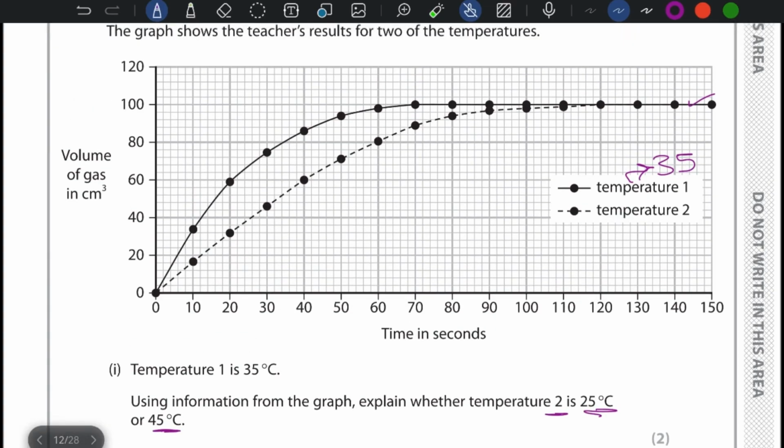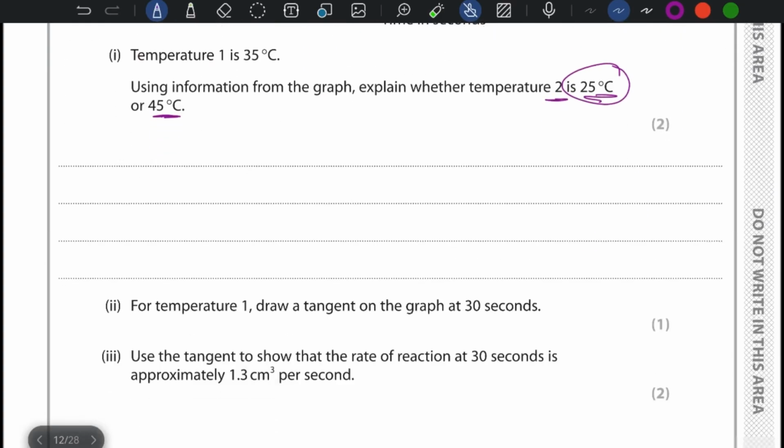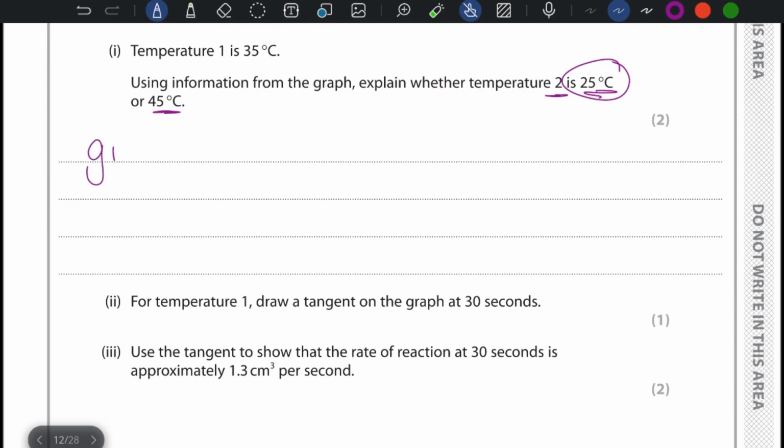As you can see, the curve for temperature 2 is less steep. This means slower, this means lower temperature. 25, not 45, because the curve is less steep. We can write it, graph is less steep.